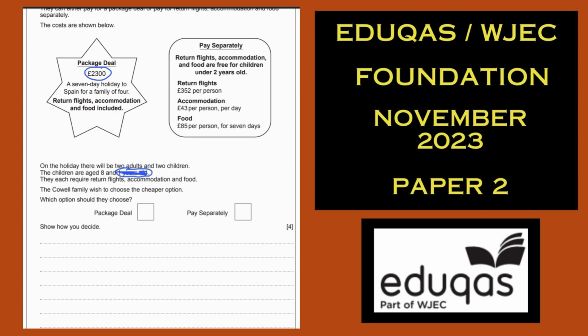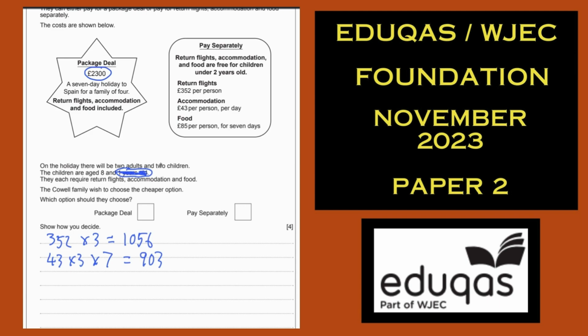Okay, so return flights, 352 per person. There's 3 people that are going to pay. That's 1,056. Accommodation is £43 per person per day. Again, the 1-year-old is not paying. 903.